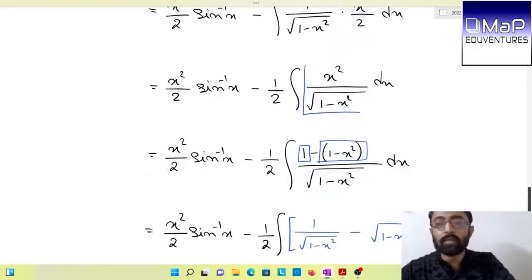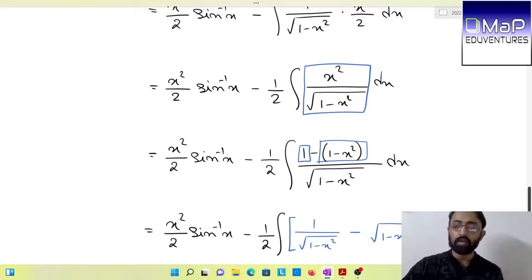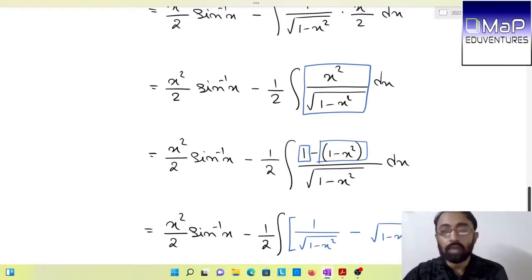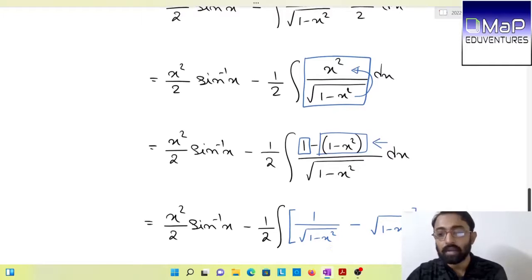So the form we have got here, keep this form in mind. So for x square, a quadratic with only the x square term, divided by under root 1 minus x square, in this case form the denominator in the numerator as we have done here. So form the denominator in the numerator, and if you have to add or subtract something additionally, do that.